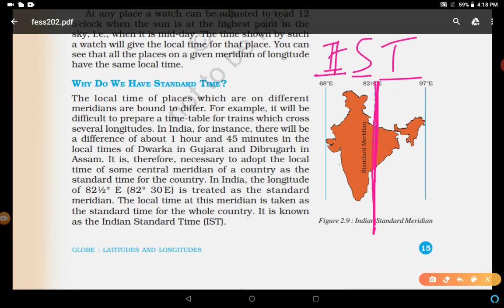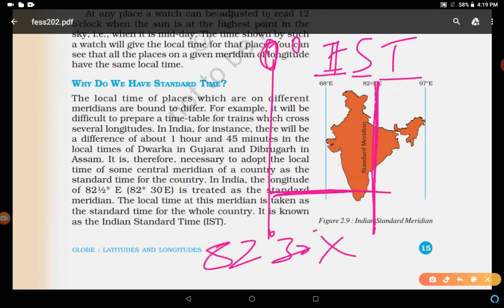And similarly, there is a difference of 82 degrees 30 minutes in comparison to 0 degree. There is a difference of 82 degrees 30 minutes between 0 degree and IST. So what is the difference between the time of the prime meridian and the Indian Standard Time zone? Clear? There is a difference of 82 degrees 30 minutes.